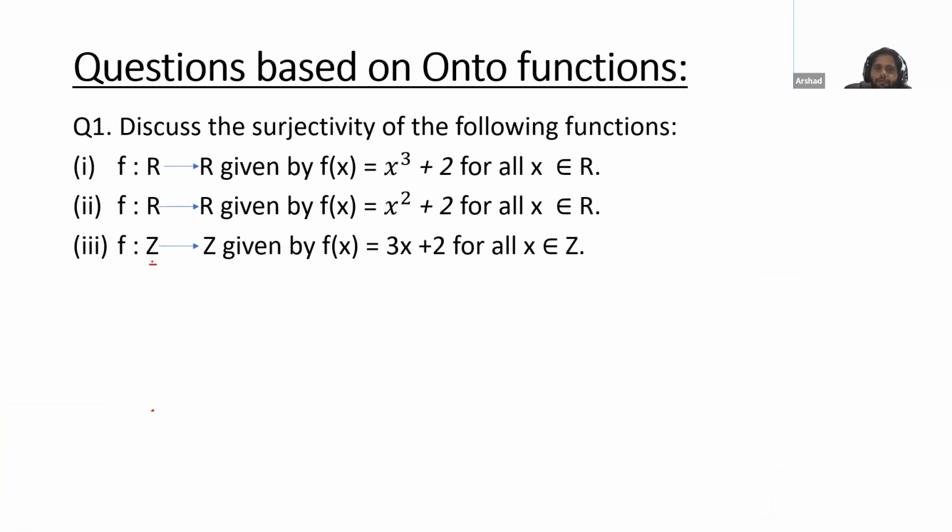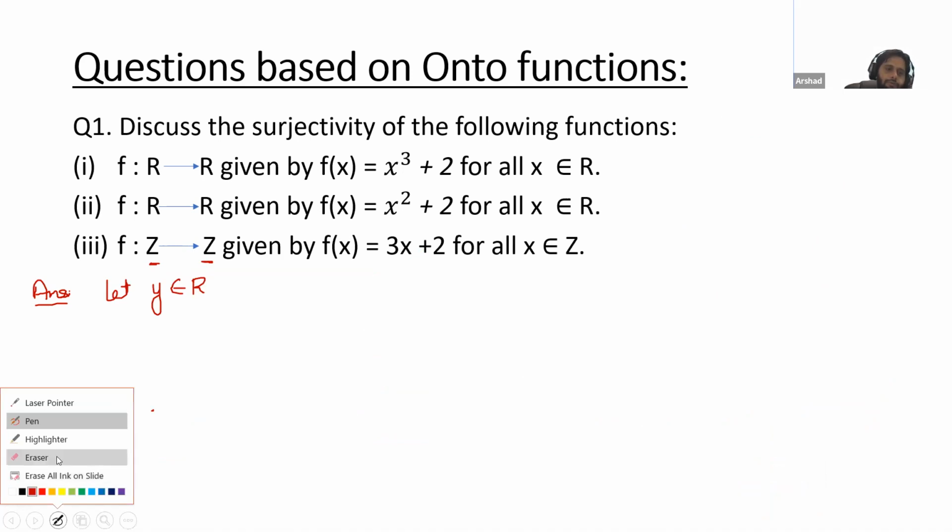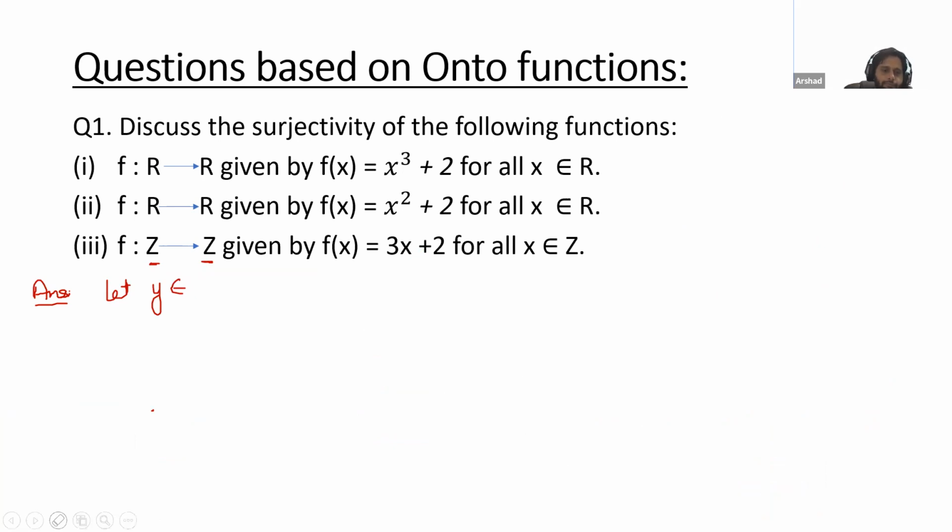Now, what is the Z here? Integer, very good. Now we will check this. Again, we are not able to analyze whether this is one-one or not, so we will use the same method. Let y belong to Z, since we are taking the codomain, such that f(x) = y.